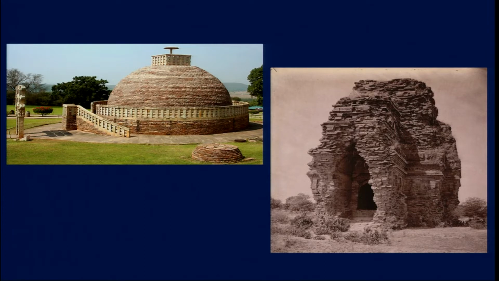So we can also see how those kinds of structures, built to show reverence and pay respect to the ancestors or the deceased, also contributed towards making structures that later became part of formalized religions.